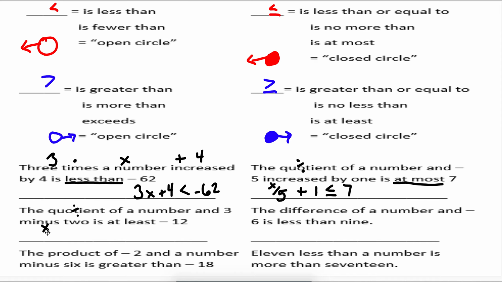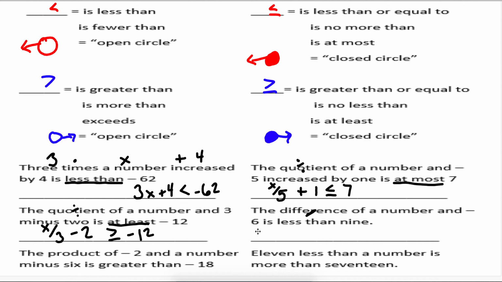Quotient of a number and 3 minus 2 is at least, is our phrase. Where do we see at least? Well, that looks like it's right here, at least, greater than or equal to negative 12. Difference. What does difference mean? Difference is subtraction of a number and 6.